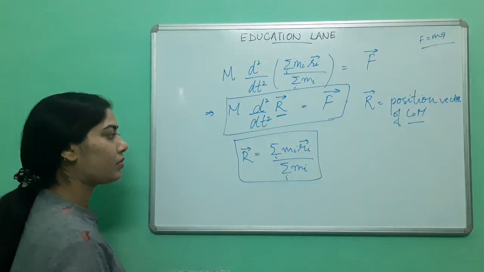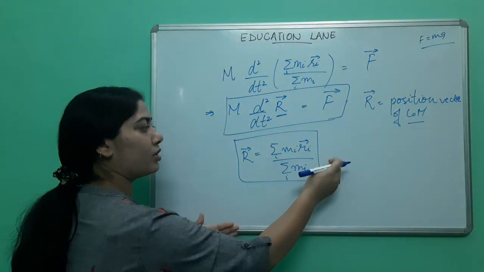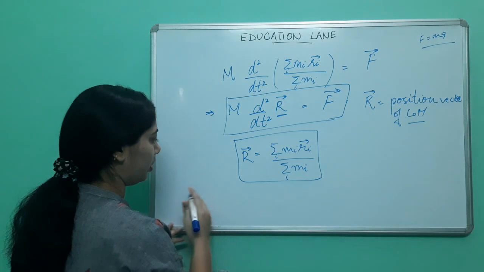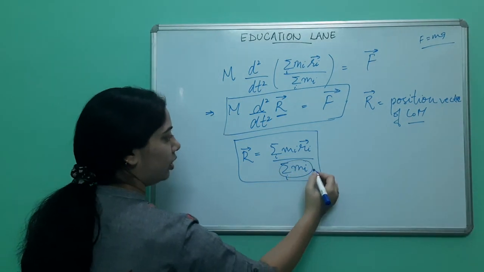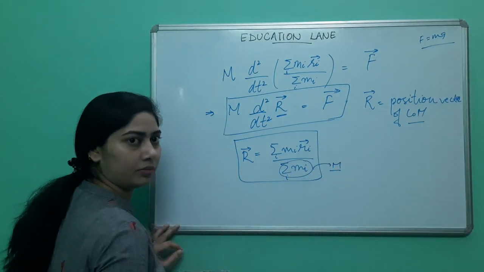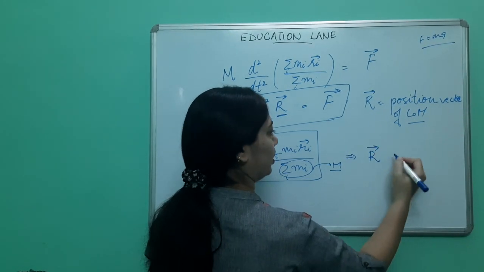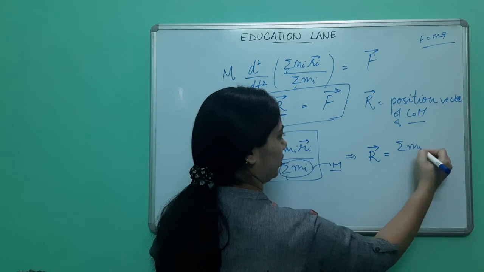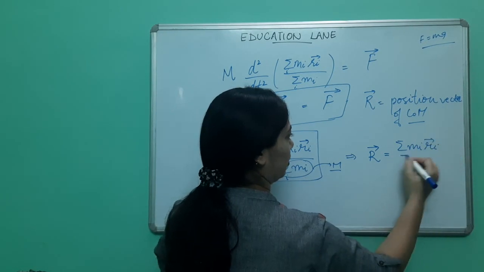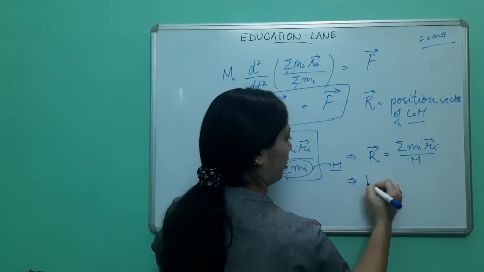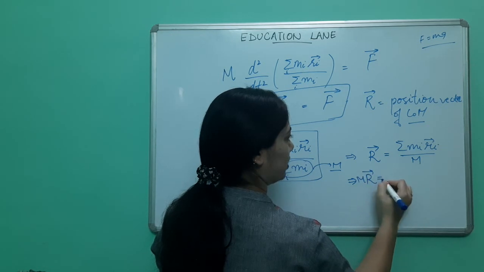Done. Now let's continue with this position vector. This is what? Total mass of the system upon, M r is equal to the summation.